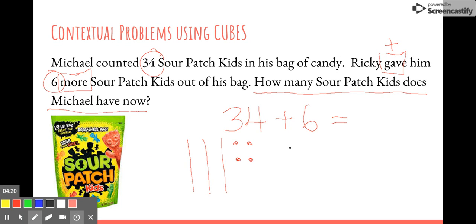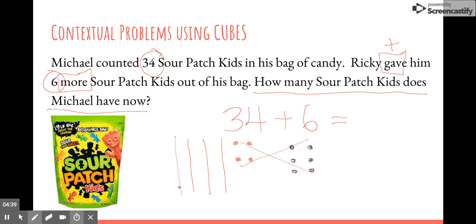Now I'm going to add on 6 more. I have 1, 2, 3, 4, 5, 6. And if I look at that, I can think to myself, well, I know 4 and 6 make a new 10. So I'm going to cross those off, and I'm going to make that new 10. And then I can easily see, well, 4 tens is the same as 40.